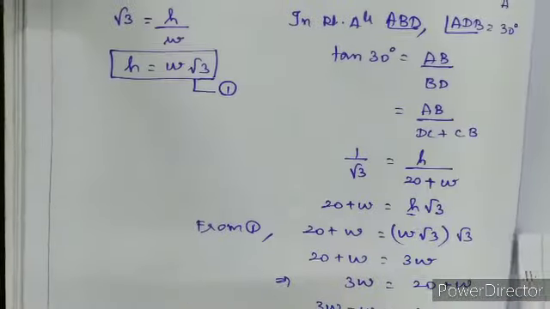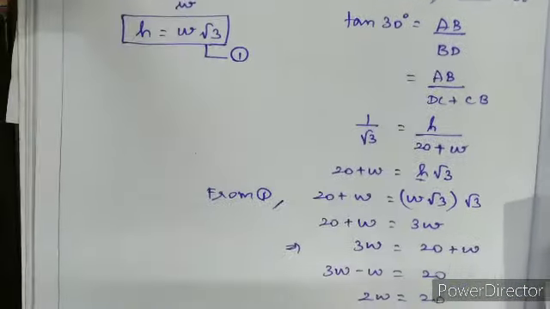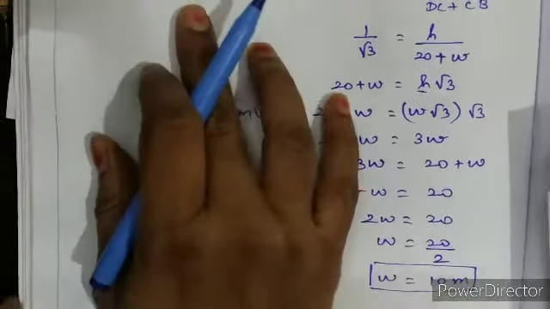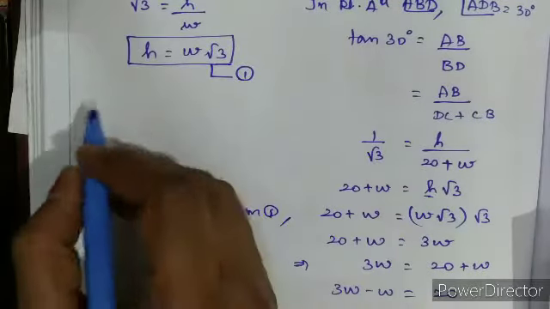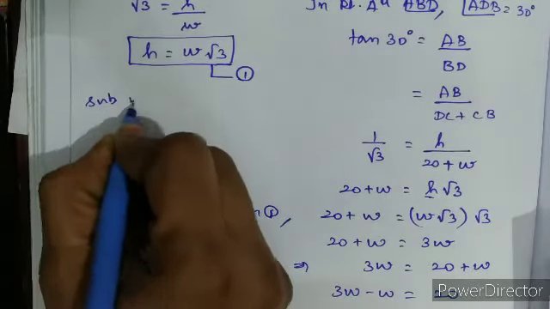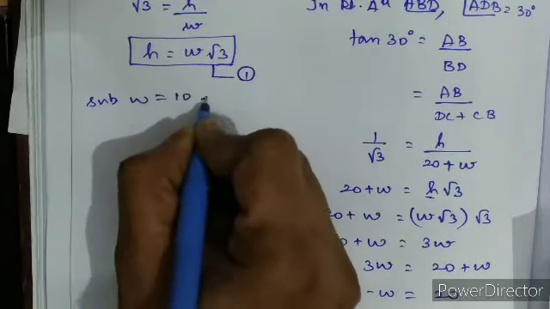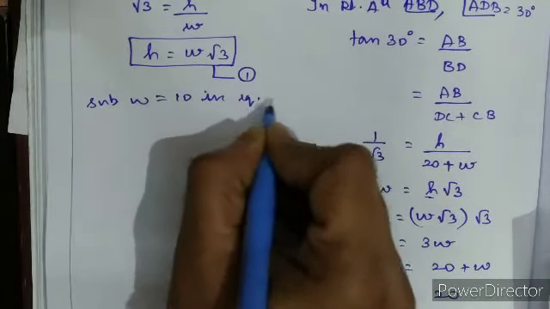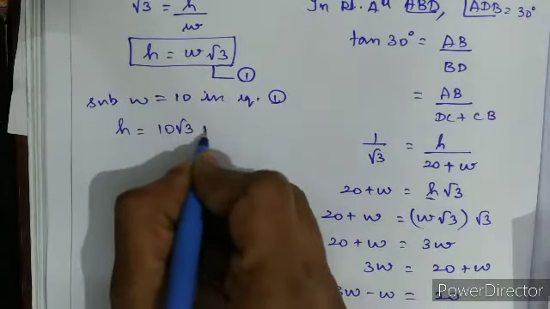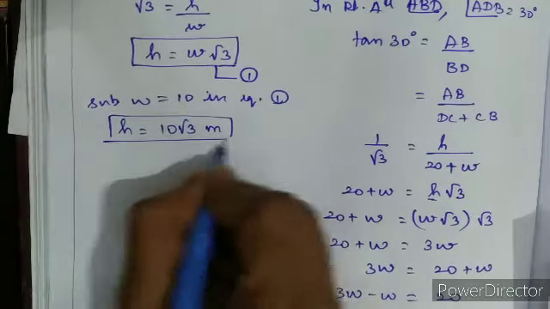Now we have obtained the width, we have to find the height too. What I am going to do is substitute the value of W in equation 1, so I will get h. Substituting W is equal to 10 in equation 1, I get h is equal to 10 root 3 meters.